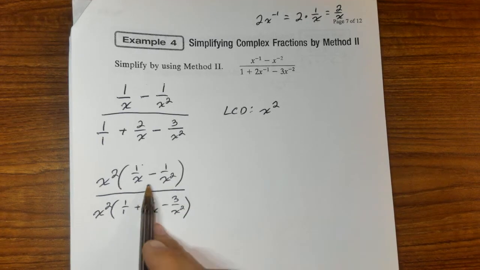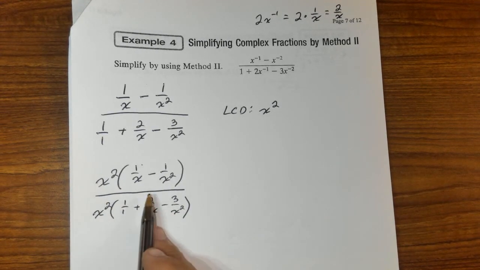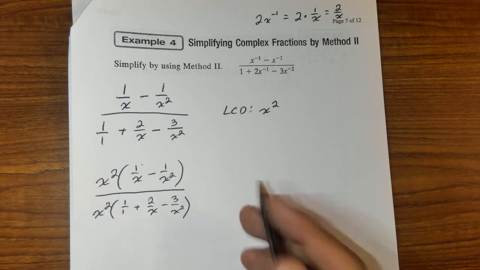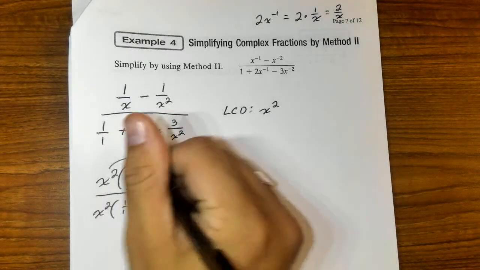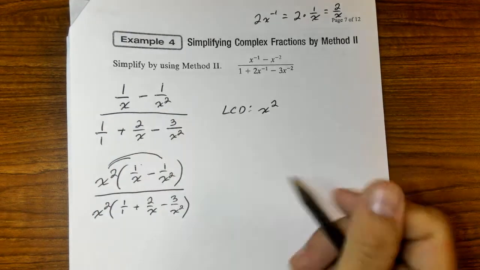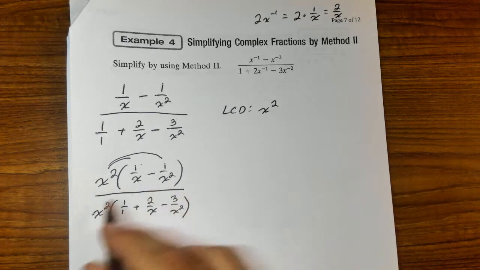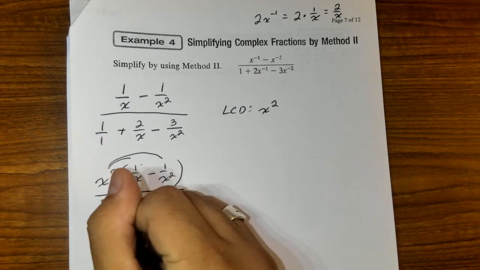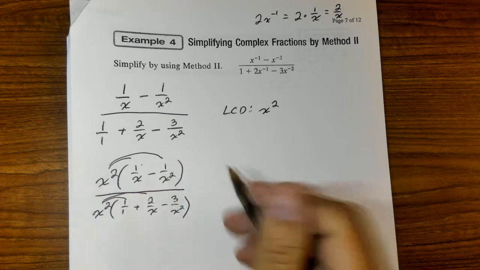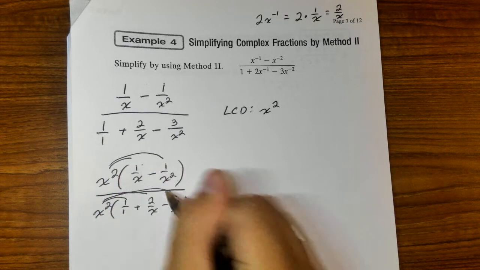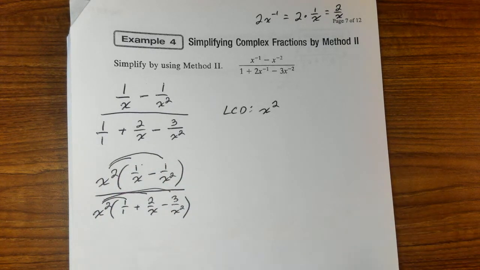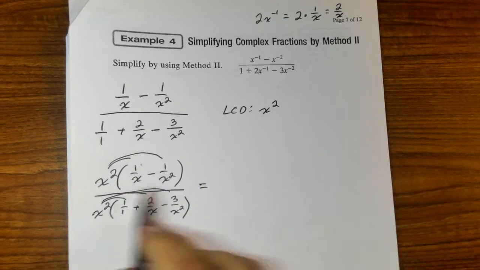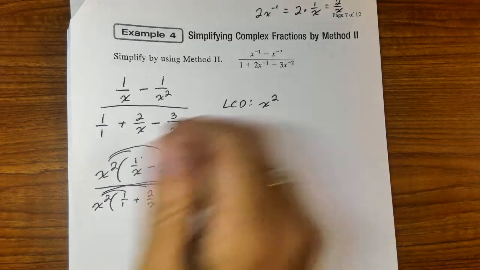So this is going to be the distributive property. Basically, x squared times 1 over x minus x squared times 1 over x squared, and then the denominator: x squared times 1 over 1 plus x squared times 2 over x minus x squared times 3 over x squared. So I'm going to apply the distributive property here to each term.